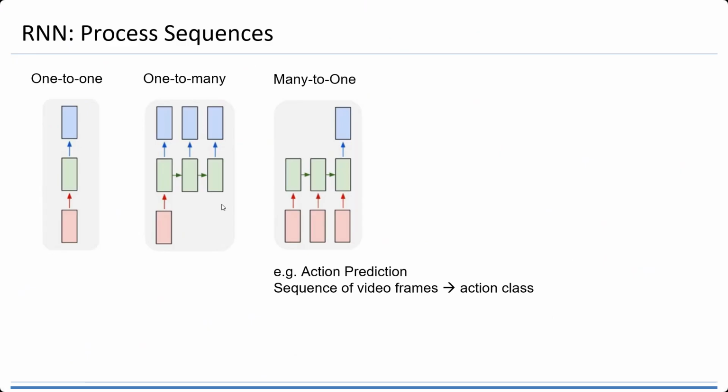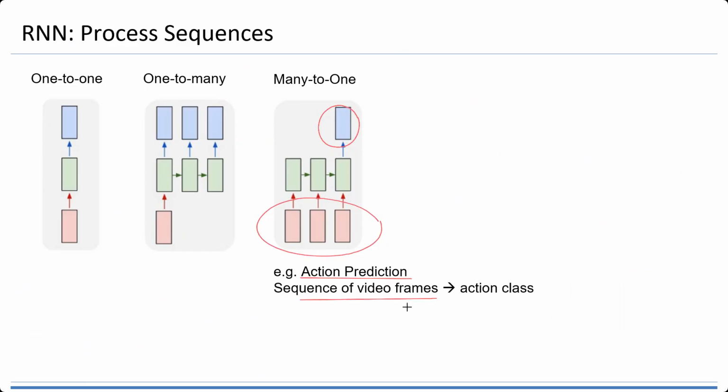We have many to one. Many to one means the input has many, but the output is only one. For example, action prediction or activity recognition. We have a video, a sequence of video frames.